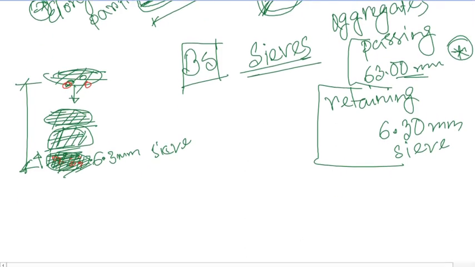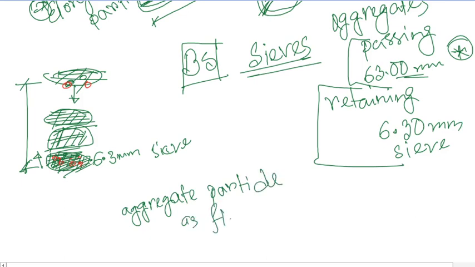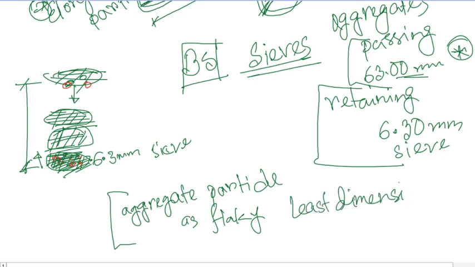The usual definition of flaky particles is this: we will call an aggregate particle flaky when its least dimension is less than 0.6 of its nominal size.